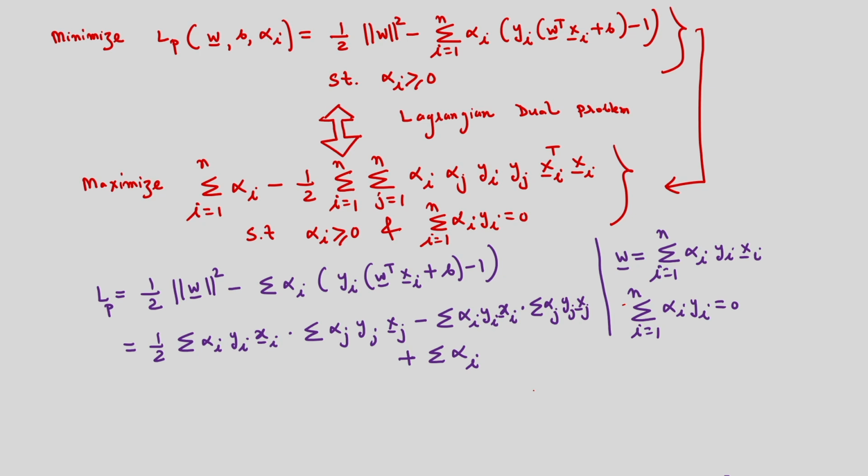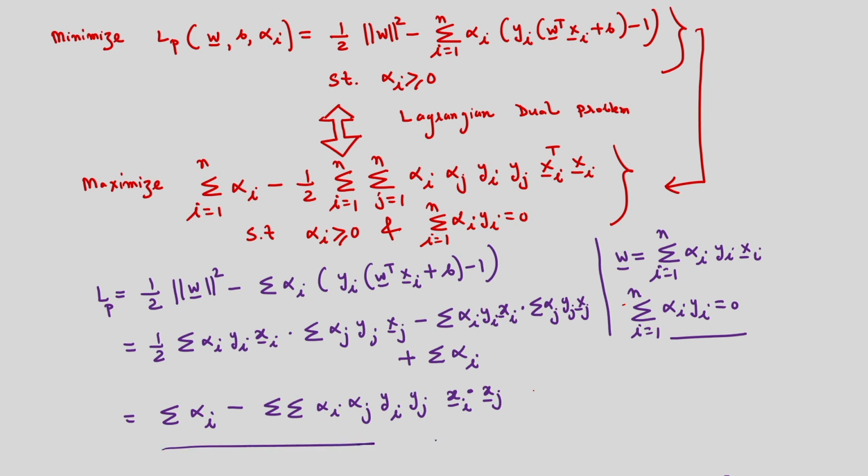So you can see summation alpha i y i is equal to 0. If I consider this condition, then you will be getting summation alpha i minus 1 by 2 summation alpha i alpha j y i y j, and we have the dot product x i dot x j, which can be written like this, x i transpose x j also. So I will be getting this expression.